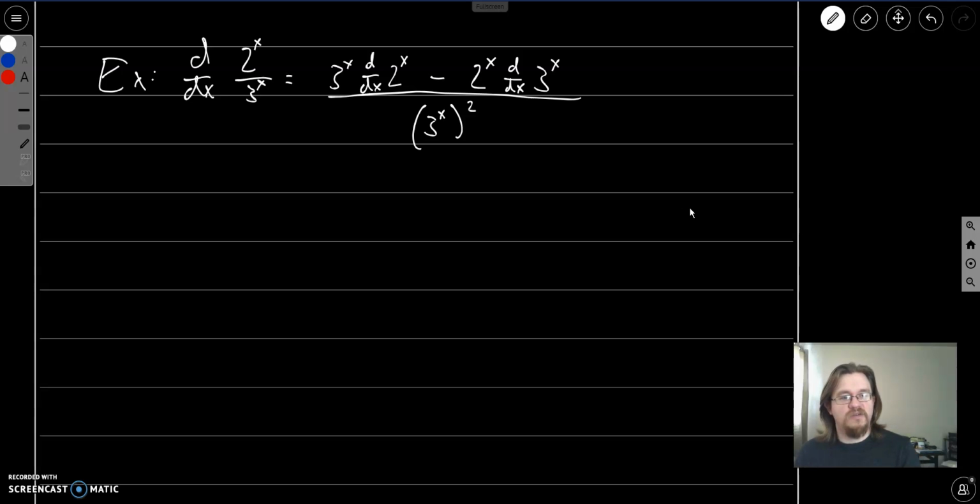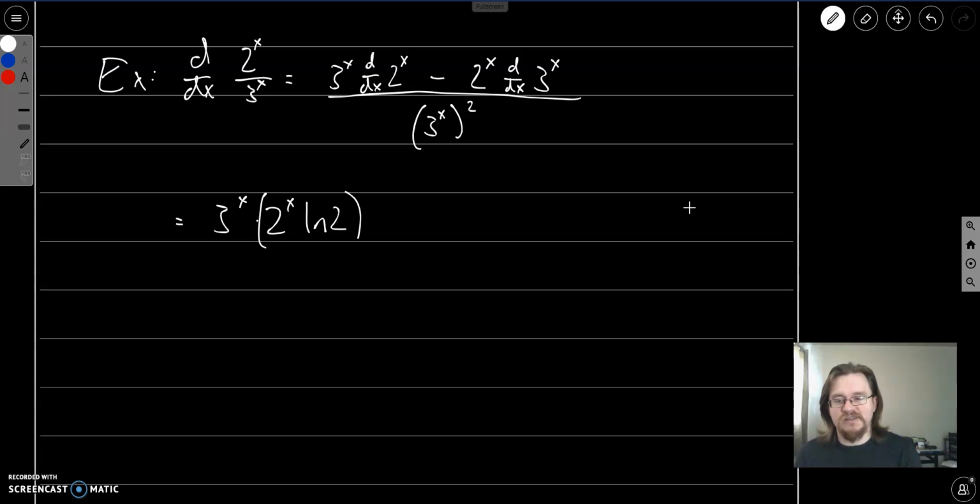So when we have this, let's start simplifying. This is going to be 3 to the x times the derivative of 2 to the x. It's going to be 3 to the x times 2 to the x times the natural log of 2, because the derivative of 2 to the x is pretty straightforward.